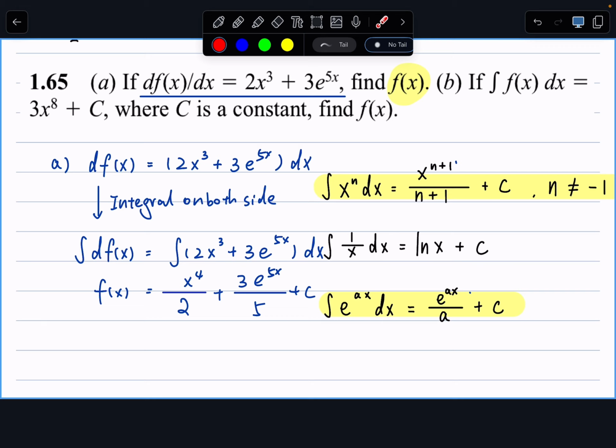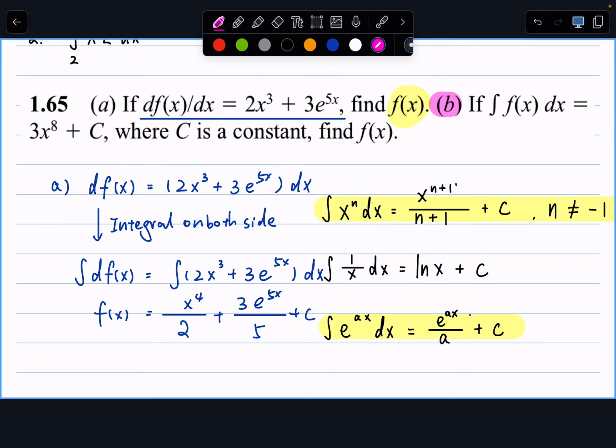All right. The second part here is, if we know what this integration is, can you find out what f(x) is? I'm not going to actually do the calculus, but I want to give you a hint: doing the derivative will basically undo the integration. In this case, the integral of f(x) dx is 3^8 plus c.